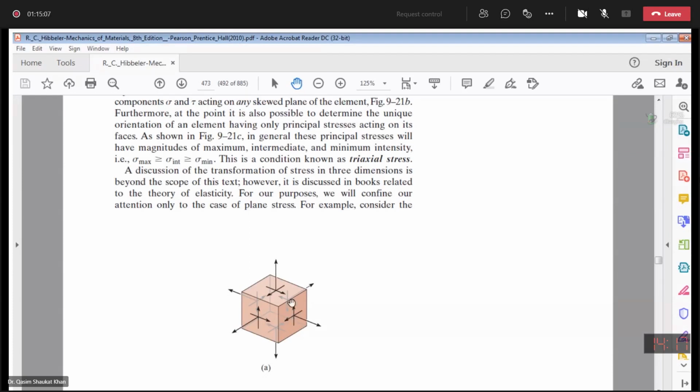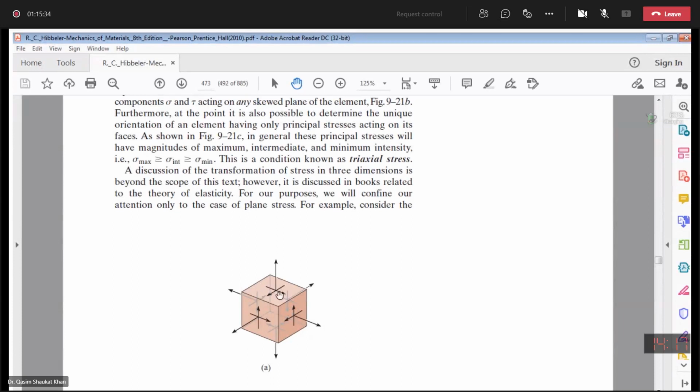The first subscript refers to the plane over which your shear stress is originated, and the second subscript represents the direction in which it is pointing. So now this is tau yx, tau yz. This is tau zx, tau zy.